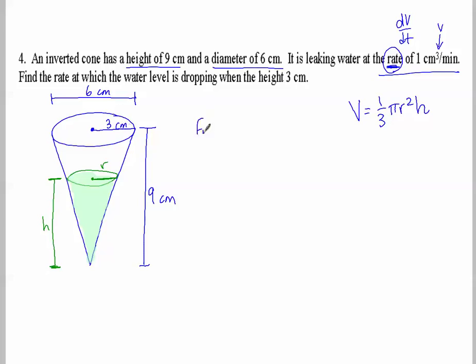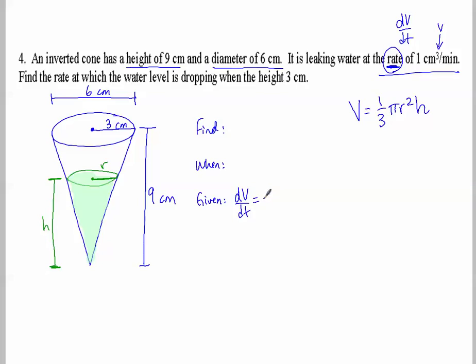Let's list our find, when, given so we keep track of what we want to find, the moment in time, and other information. Once we list these, we don't have to go back to our words. An inverted cone has a height of 9 centimeters, we drew it. Diameter 6 centimeters, we drew it. Leaking water at this rate, that's given information, dV dt.